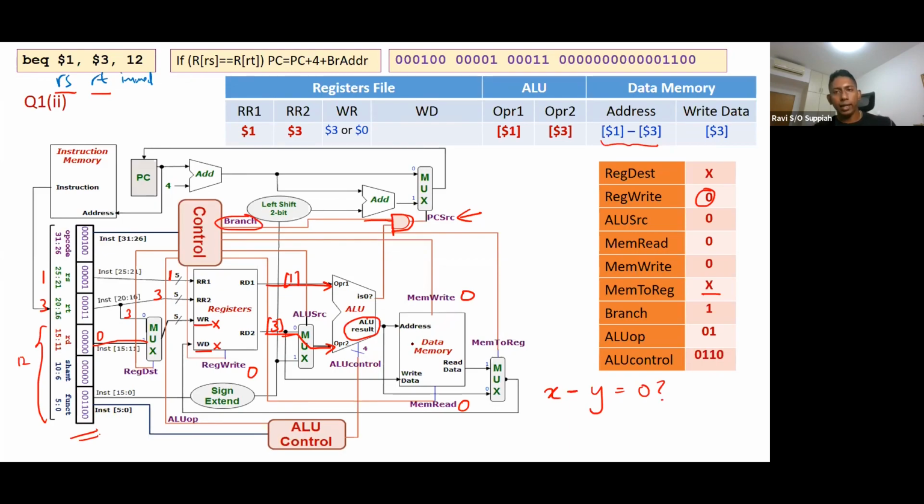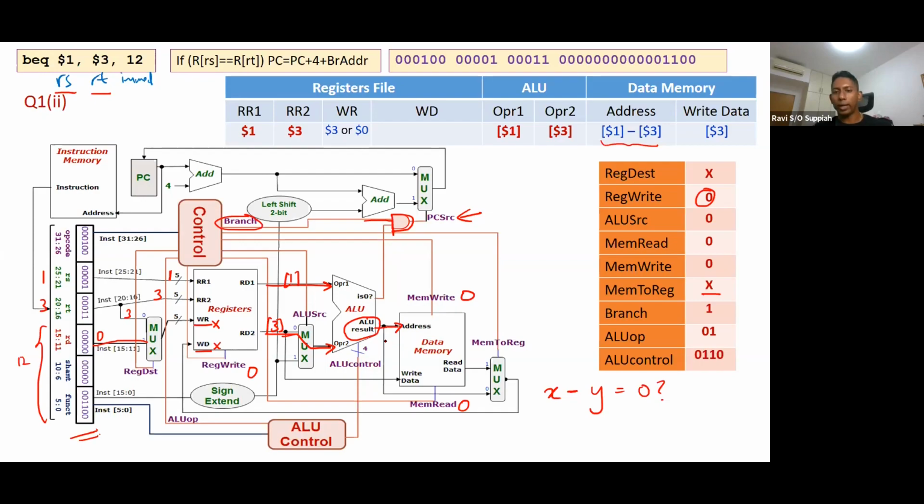But again, because it is hard coded, you can see that the ALU result is hardwired to the address bus here. It's already hardwired to the address bus over here, so it will appear there. But it doesn't matter because memory write is 0, memory read is 0.